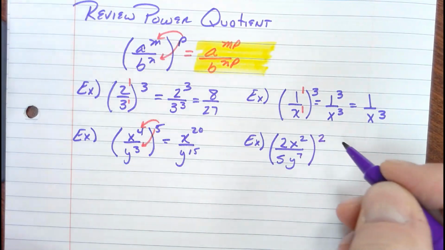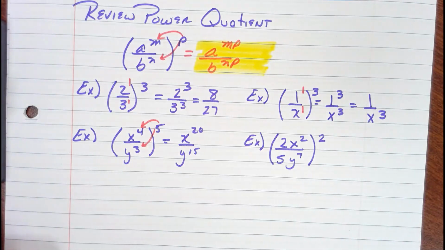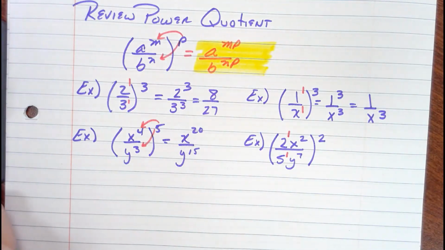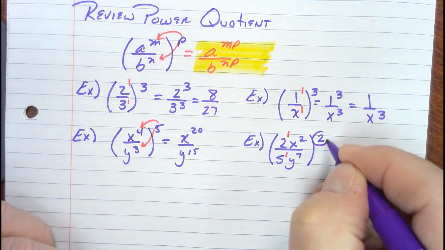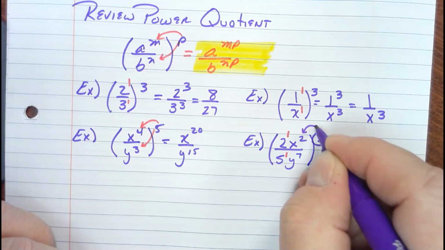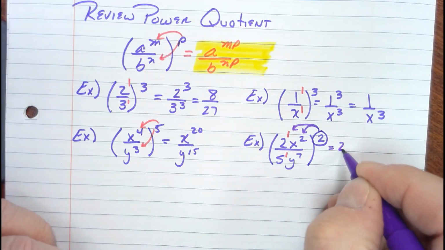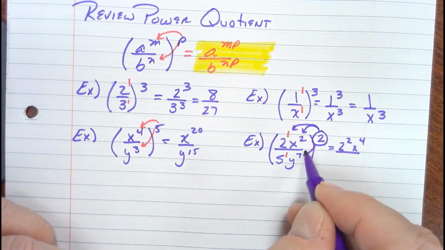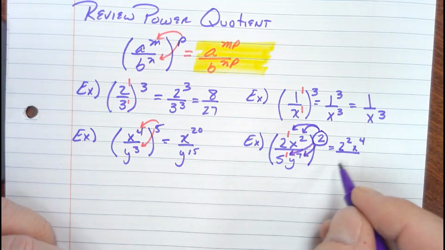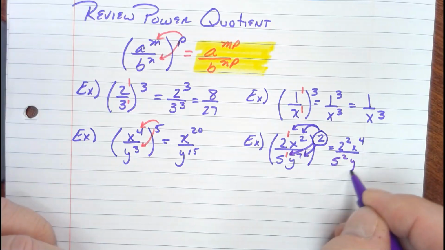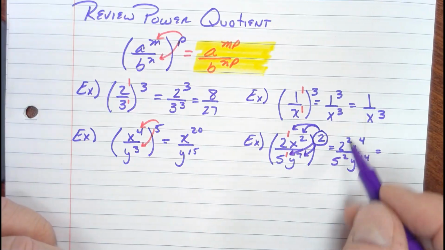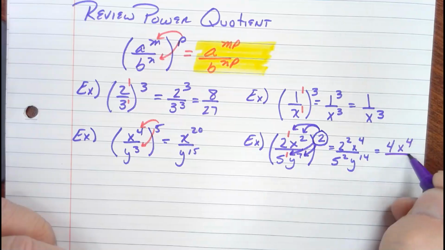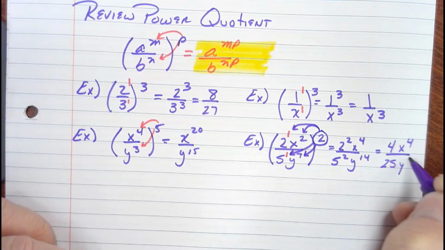This whole product is squared. I have an exponent of 1 on the 5 and a 1 on the 2. And I'm going to take this 2 and multiply it times each of those exponents and give me 2 squared x to the 4th, and multiply it down here and get 5 squared y to the 14th. I must simplify these coefficients here as 4x to the 4th and 25 y to the 14th.